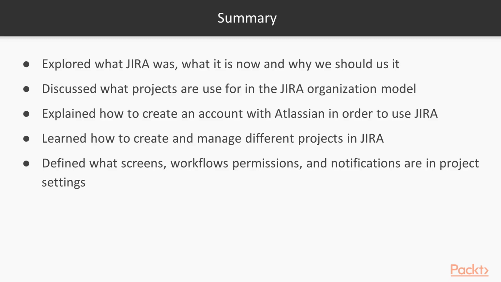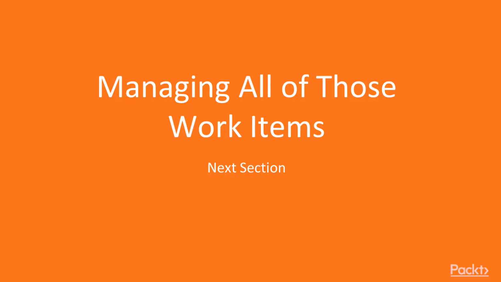We talked about creating and managing different projects in Jira, how to handle that. And then lastly, we talked more about the specifics in the configuration of projects like screens, workflows, permissions, and notifications. In our next section, we're going to talk about more detail in the managing of all of those work items. So you've got lots and lots to do, and Jira will help you to do that.